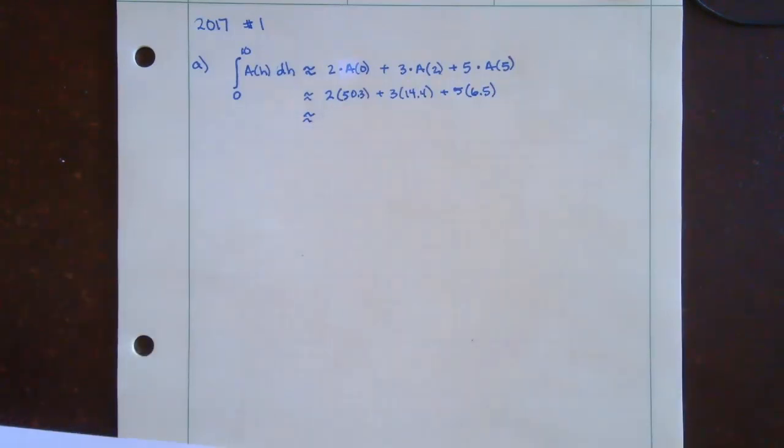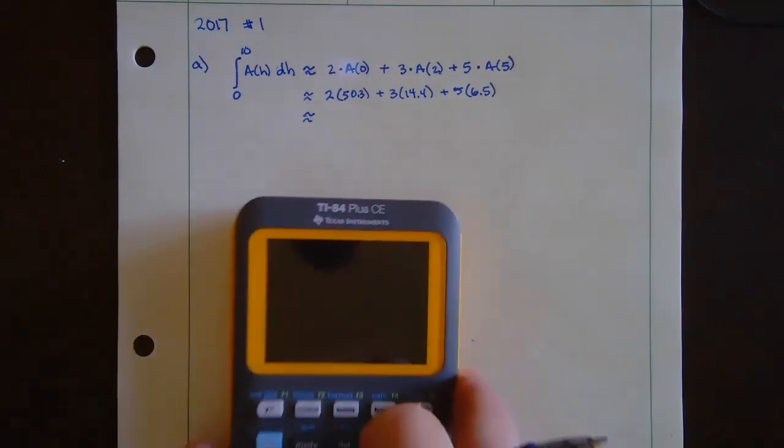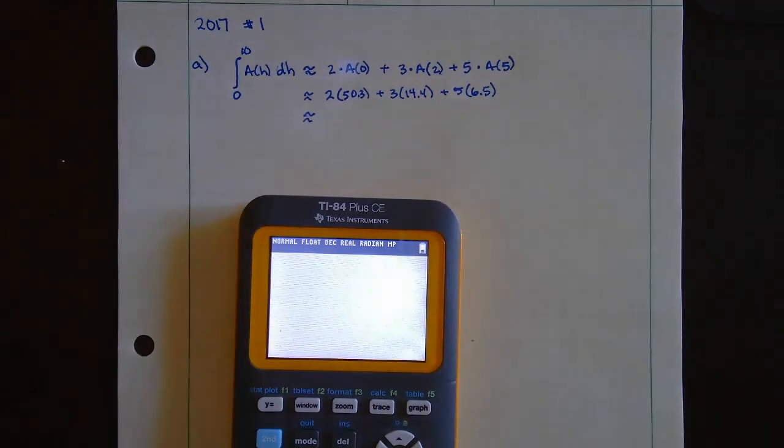So we would just put this into our calculator, because you're going to be able to use a calculator on this. It's just a calculation, so I'm going to pull my calculator up and type in 2 times 50.3 plus 3 times 14.4, and then plus 5 times 6.5.